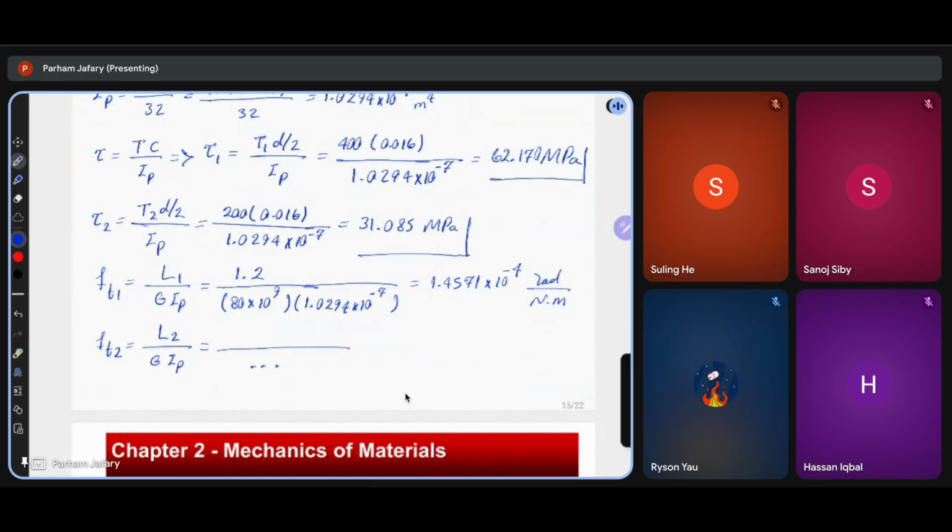The only difference is now we have 0.5 in the numerator, and it will result in 6.0713 times 10 to the power of -5 radians per Newton meter. Okay?